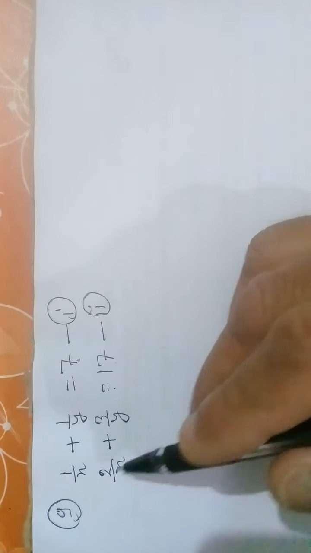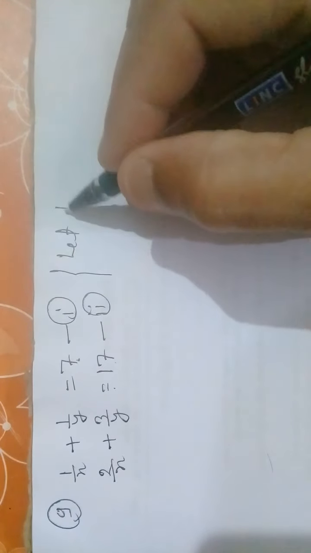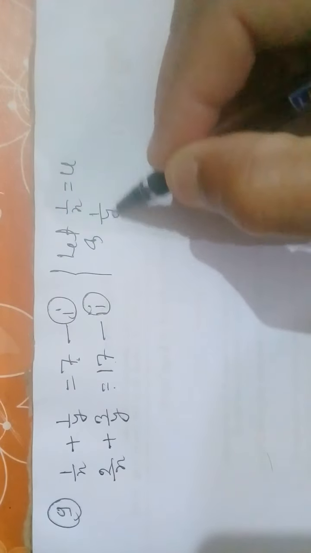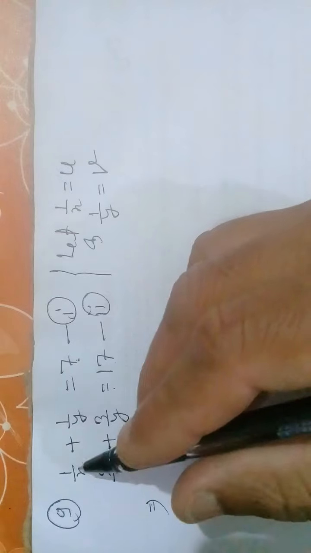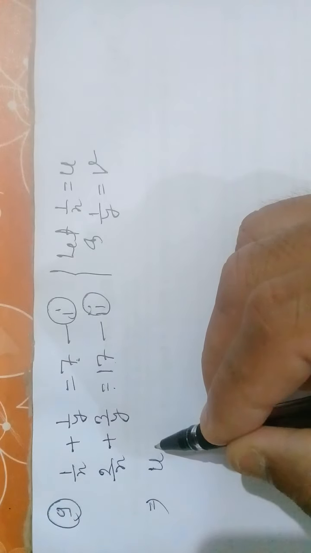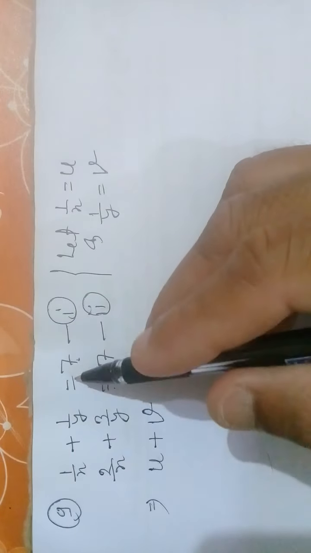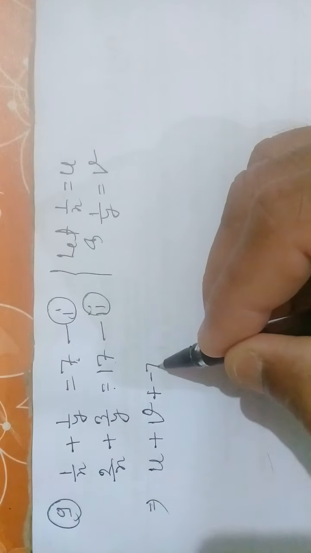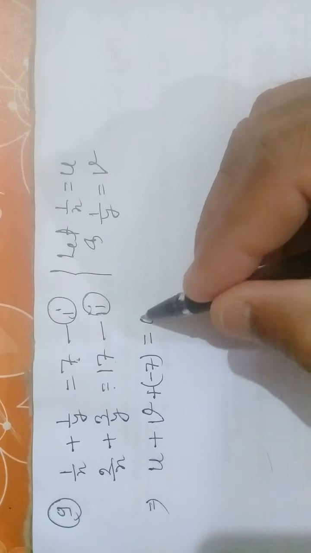Let 1 by x be equal to u and 1 by y be equal to v. Then we can write u plus v, and the 7 on the right side comes to the left side, so it becomes minus 7, is equal to 0.